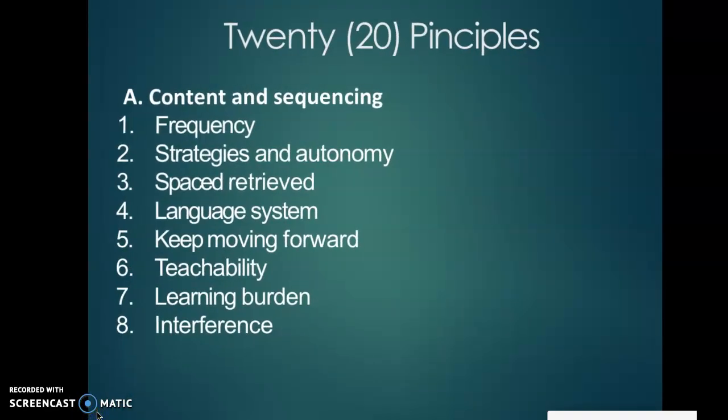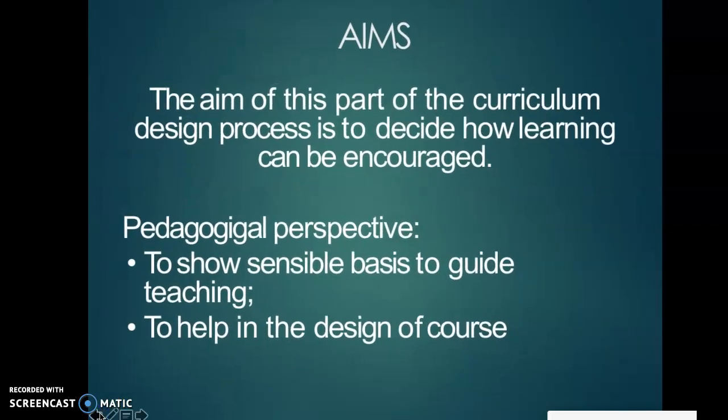So let's talk about the aims. The aim of this part of the curriculum design process is to decide how learning can be encouraged, from a pedagogical perspective, to show a sensible basis to guide teaching and also to help in the design of the course.